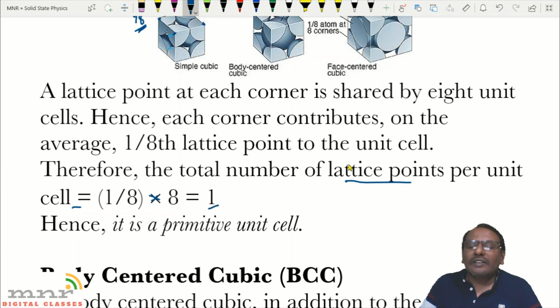So it is equivalent to 1 lattice point, or 1 atom, per unit cell. Hence, it is a primitive unit cell.